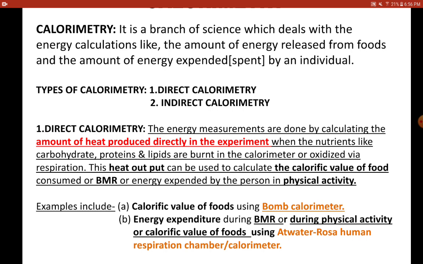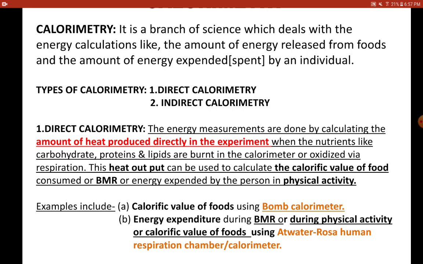Now what do you mean by this? So here we are going to calculate the amount of heat that is produced directly in the experiment. That is, when you are doing the experiment, you get to produce heat. And how is this heat generated?